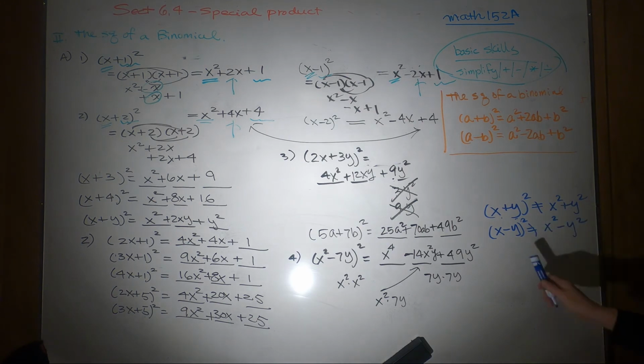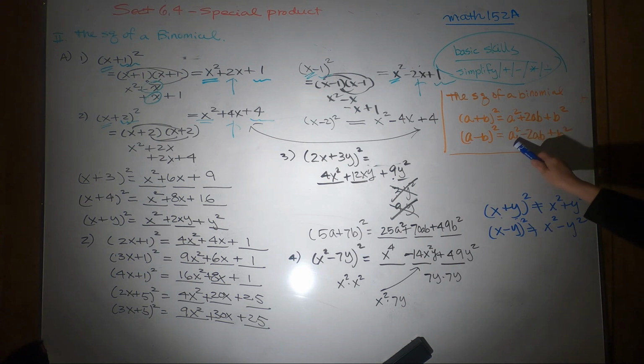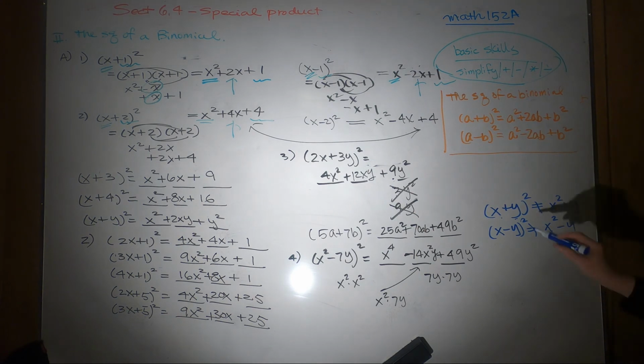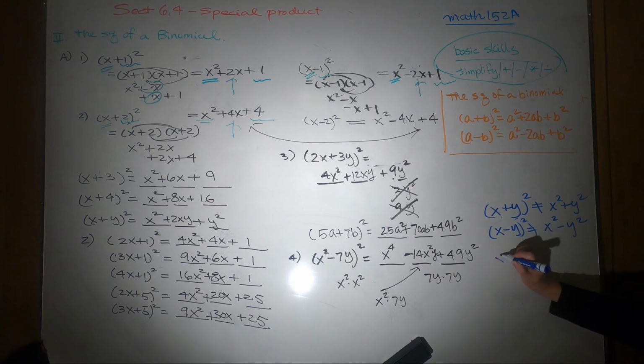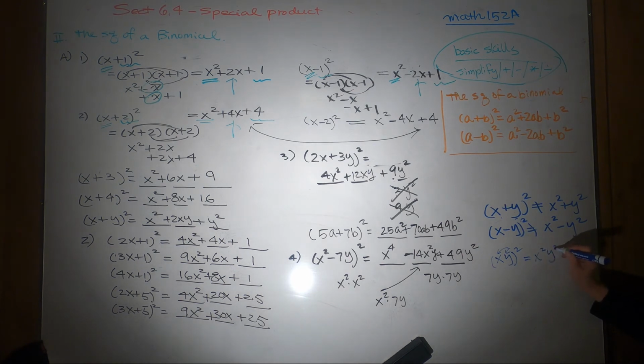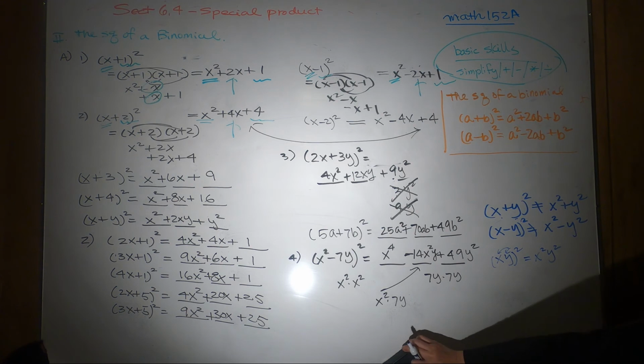It's still a trinomial: first square and last square, and the middle part is you multiply these two and twice. So remember, just don't distribute your 2. It's not like xy squared. If you multiply just one term, you can do that, but not the 2-term binomial. You have to do the FOIL to do that.